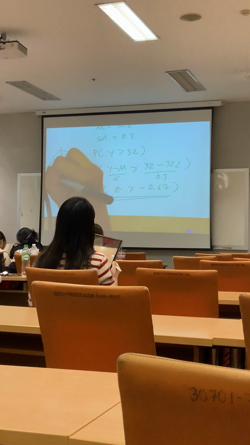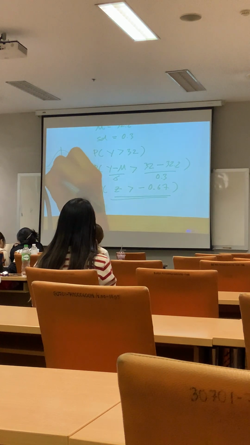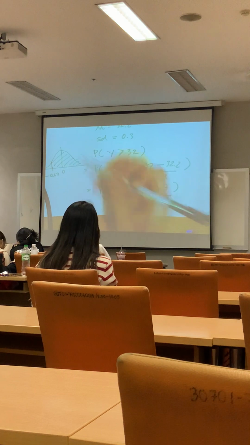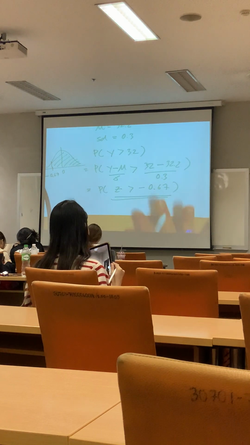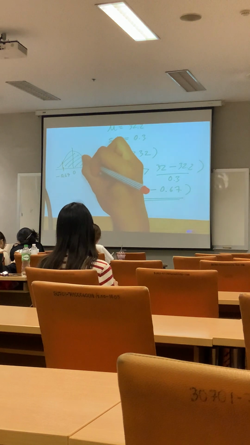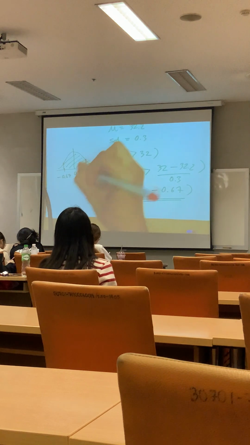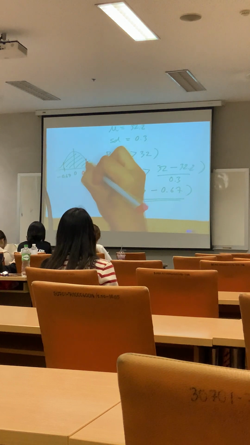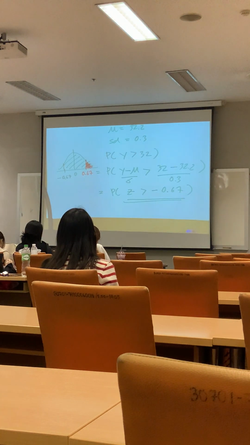So what we want here is minus 0.67, and we want to be greater than, so we want this area. Okay. So in the table, however, it can tell you the upper tail area of positive 0.67, right? So you can know only red, but you want to know green, right?